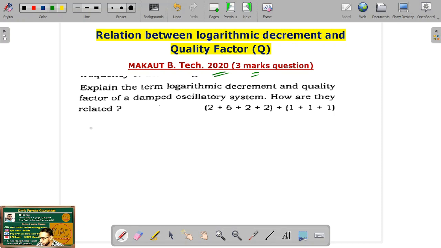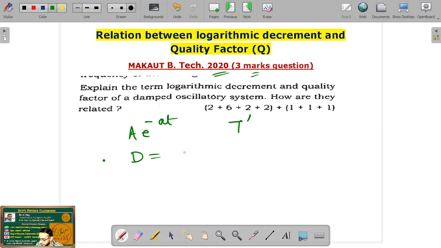Now to derive the logarithmic decrement, which I have also discussed in my previous video, the amplitude of the displacement for damped vibration is a e to the power of minus at. Decrement is defined as the ratio of two successive maximum amplitudes. Suppose two successive maximum amplitudes occur after a time period of t prime.